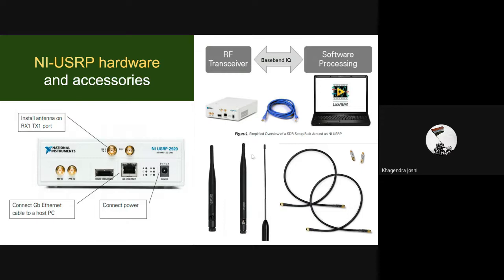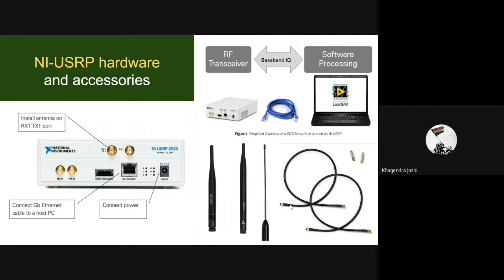Then these three are the antennas. This is a tri-band antenna. These are two dual band antennas by the name VRT 2450 and VRT 90. These are SMA cables. When you are working on a wired communication system where the transmitter and the receiver are connected with a wire, these are the type of cables we use. They have SMA ports.